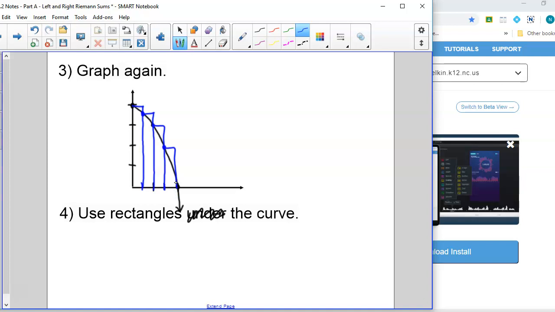So it's the same idea, but we're using the endpoint on the left hand side versus the endpoint on the right hand side. This is 0.5, 1, 1.5, 2 here, so we still have a width of the rectangle of 0.5.